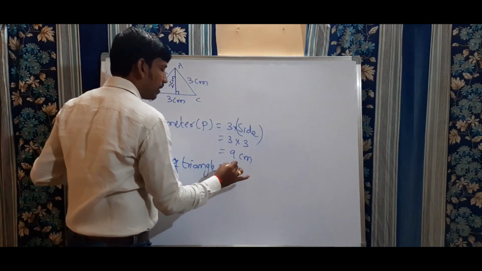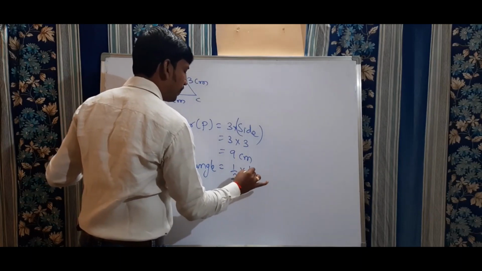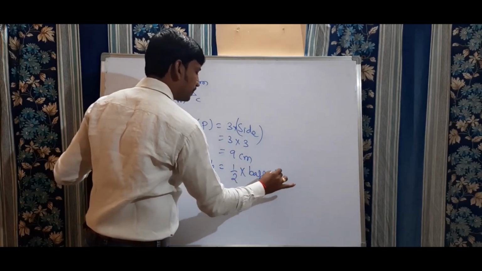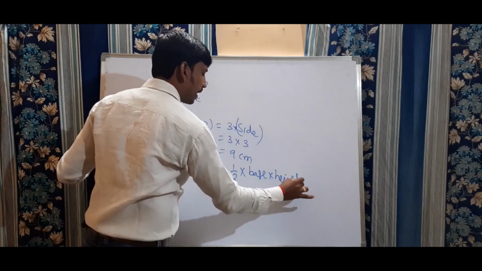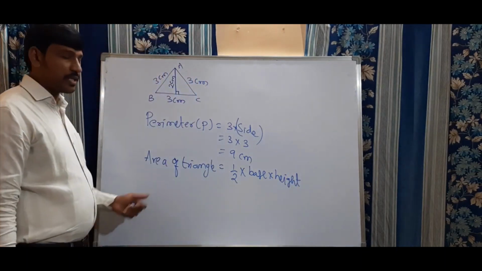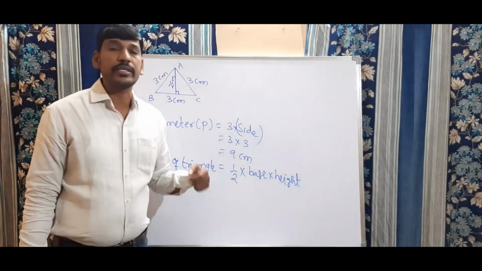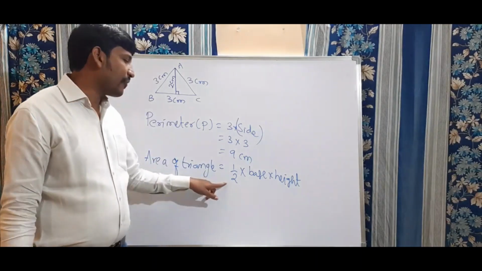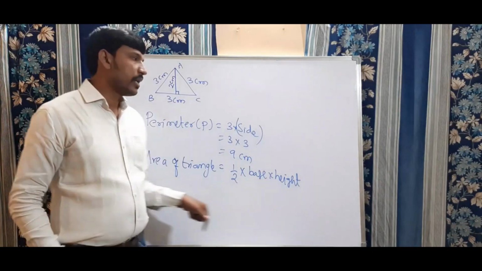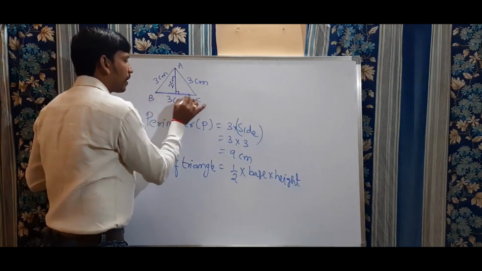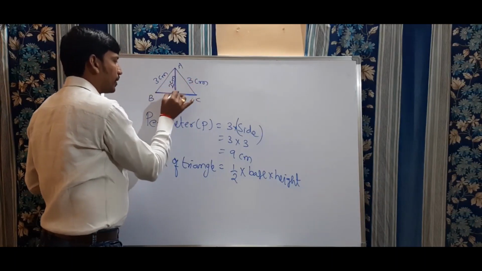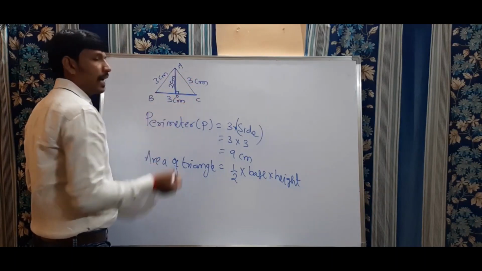Generally we know the basic formula: half into base into height. This we already discussed in earlier classes, in 6th, 7th, 8th. What is the area of triangle formula? Half into base into height. Here this is the base, and this is the height. We know that. Clear? AD is the height.